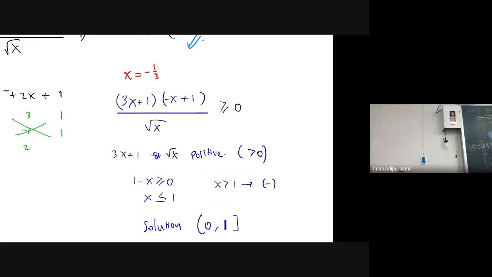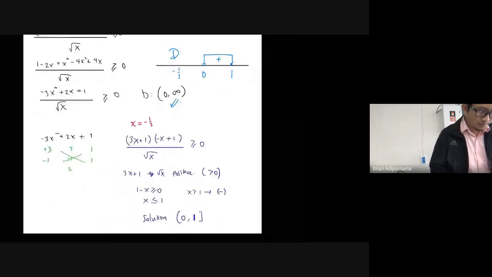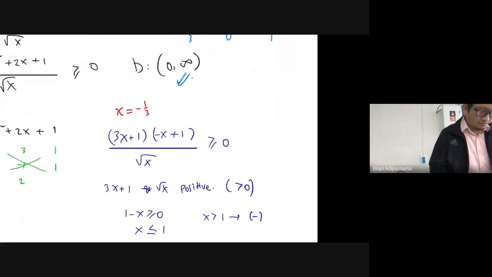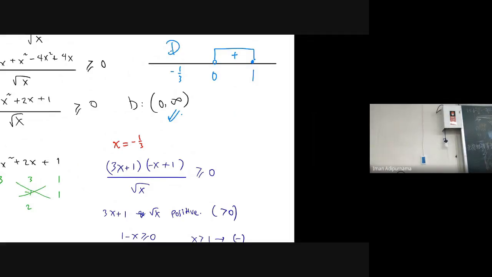So when you have this part and this part, you can go for a number line if you want. Did I draw? Yeah, this is my number line here. So from this number line, treat all this just like regular functions. So we have x is negative 1/3, x is 1, right? x is 1, or x is 0 from here.